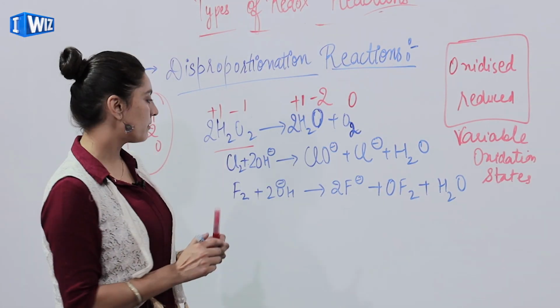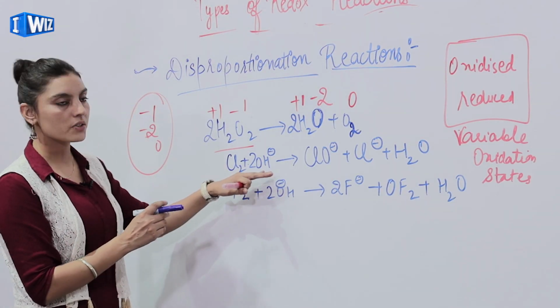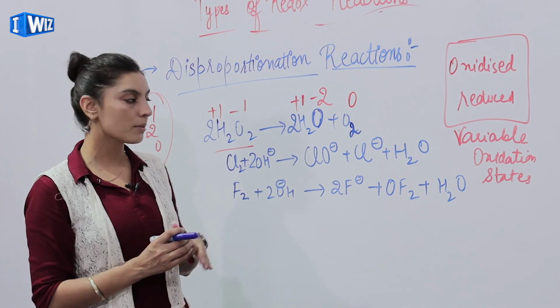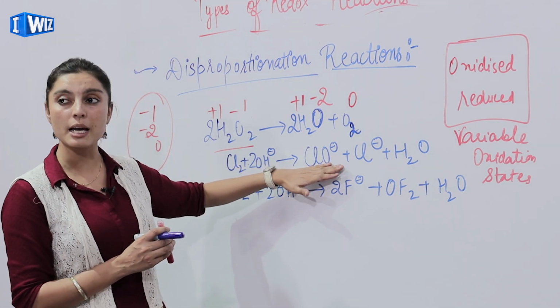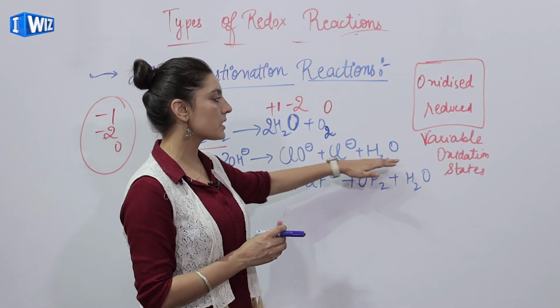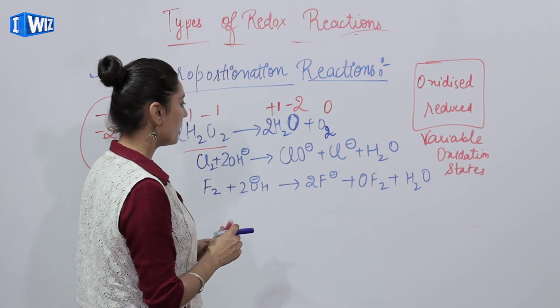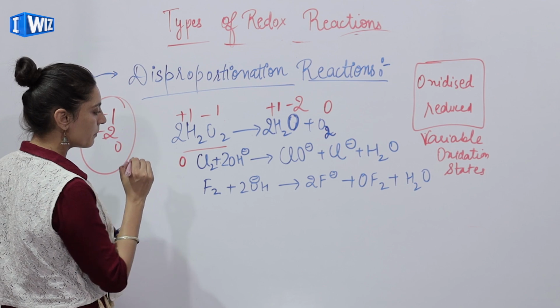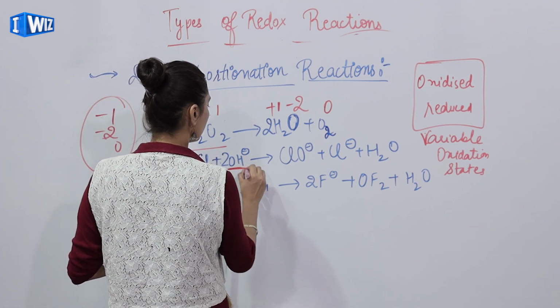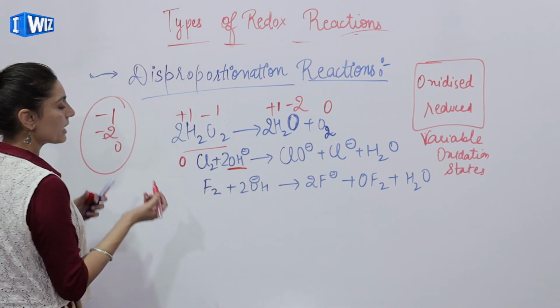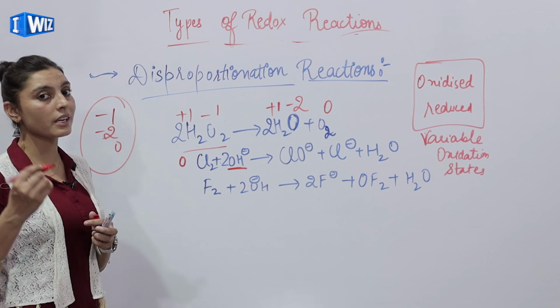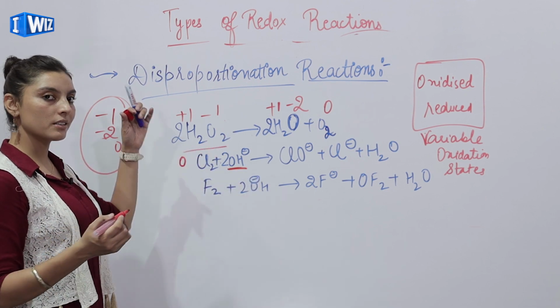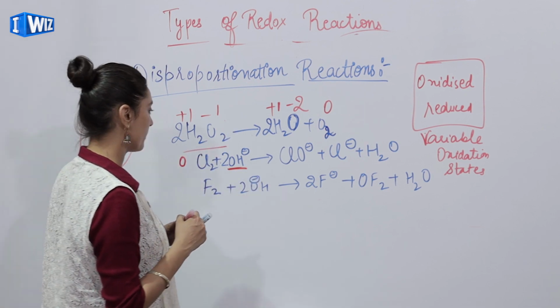Moving ahead, we have another example where chlorine is reacting in the basic, alkaline medium, giving us hypochlorite ions, Cl negative and water molecules. Now here we could see that elemental chlorine is present in the 0 oxidation state. Here we have the hydroxide. Oxygen is in the -2, and since it is an ion, we will get a different oxidation state for the same.